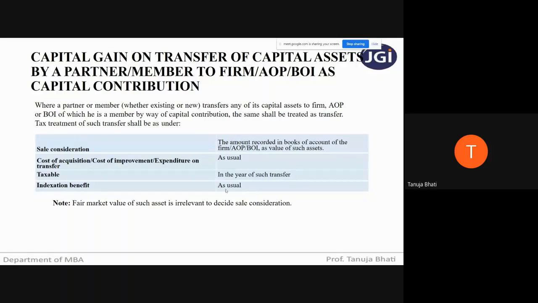That is our usual, normally what we do. Note: fair market value of such asset is irrelevant to decide sale consideration. In this particular provision, fair market value plays no role. What plays a role is the amount at which that particular asset is recorded in the books. That amount is going to be your sales consideration. So let us see a problem on this particular provision.